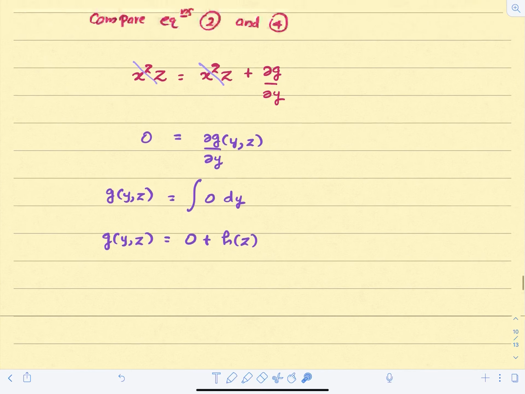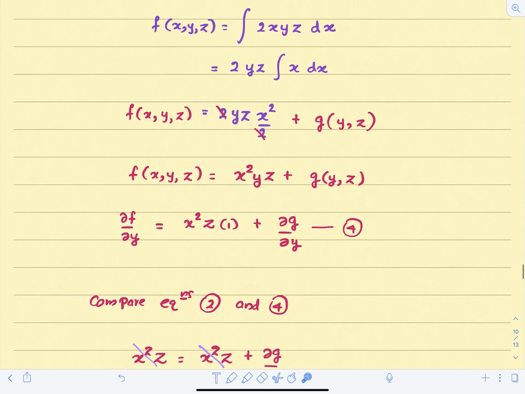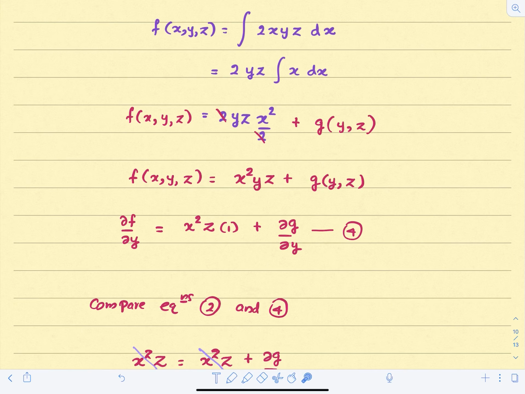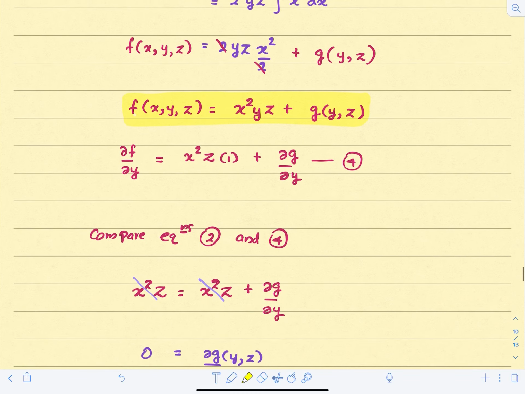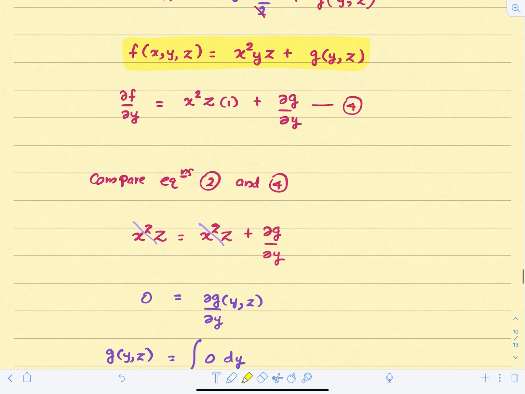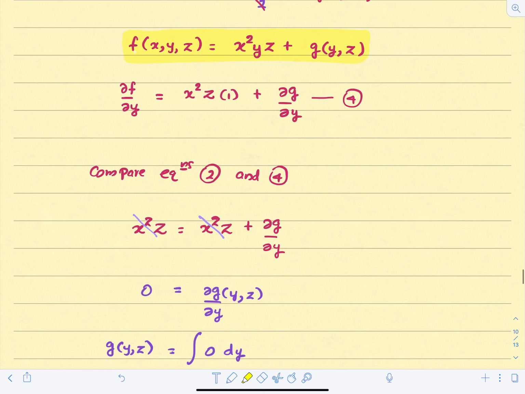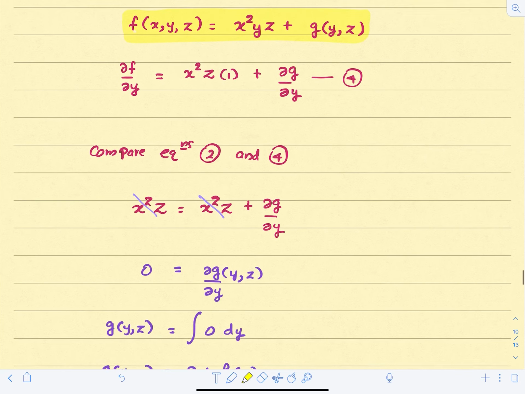Okay, now let's update our function f. So first we thought that f equals x squared yc plus g of y, c, but now we know that g of y, c equals a function that depends only on the c variable.